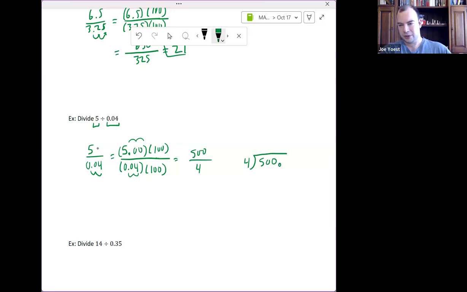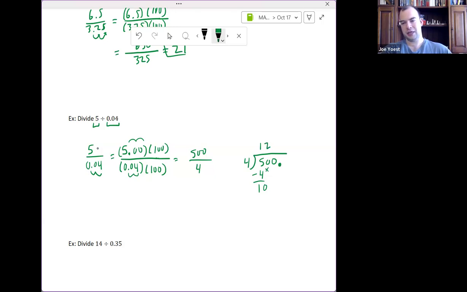Keep in mind the decimal point is like there, right? 500 is a whole number. Its decimal point, we don't usually explicitly write it, but it's after that ones place. 4 goes into 5 how many times? Once. 1 times 4 is 4. 5 minus 4 is 1. Bring down a 0. 4 goes into 10 how many times?